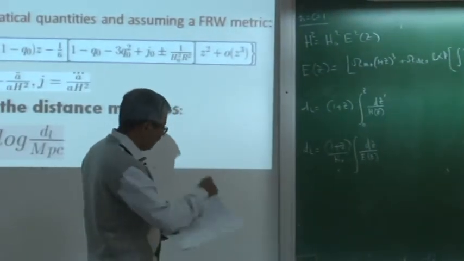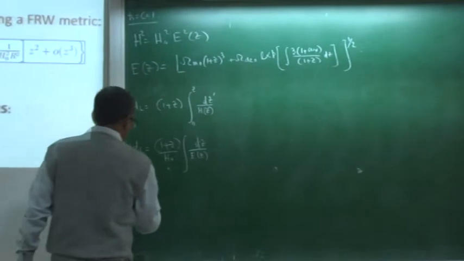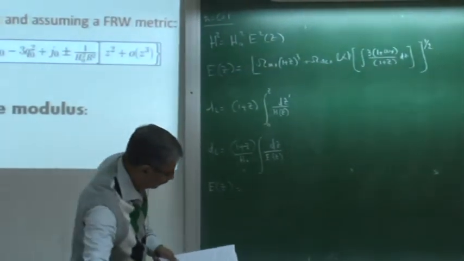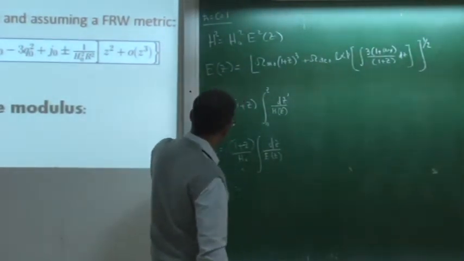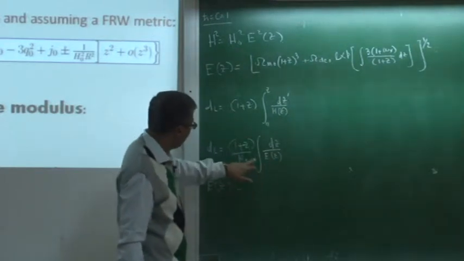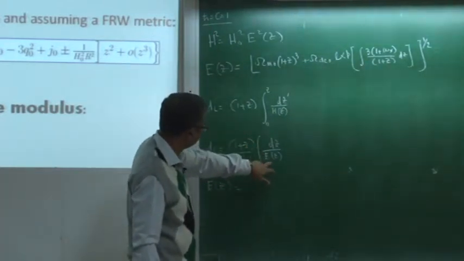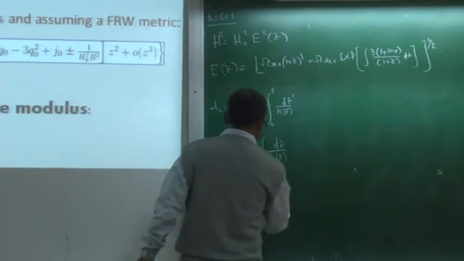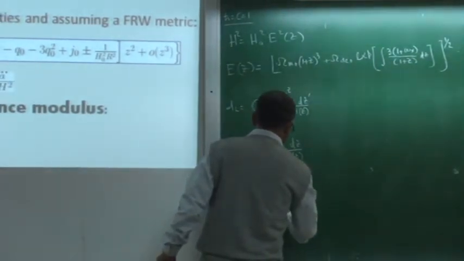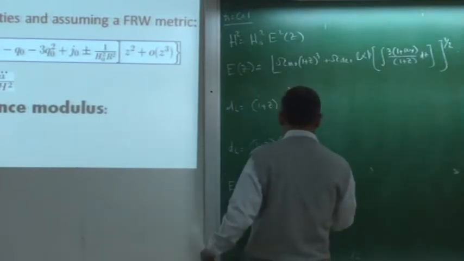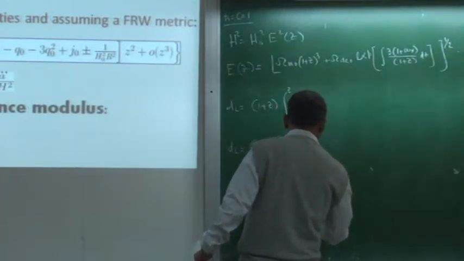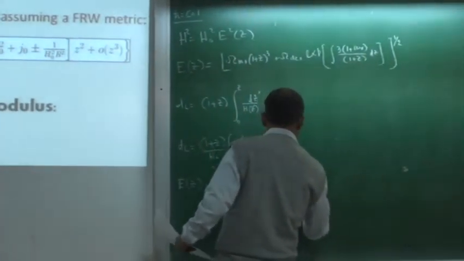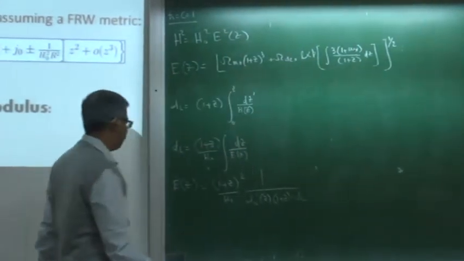And if I do it and then rearrange some terms, then I can write my E of Z as given by, and this is just simple, you just take the differentiation with respect to Z. So the first term will be 1 upon H naught times this, and the second term will be 1 plus Z times this, and differentiation of this will give you just 1 upon E. Fine, and then you just rearrange the terms, and then what you get is basically this term.